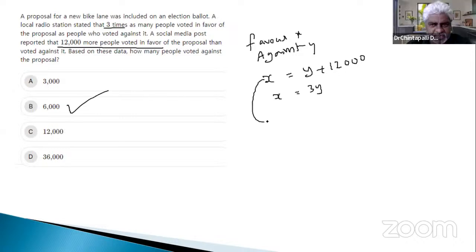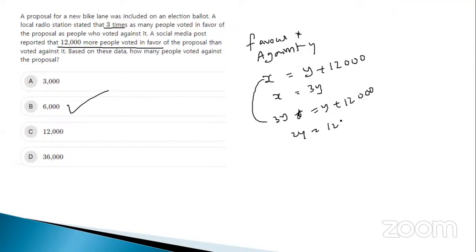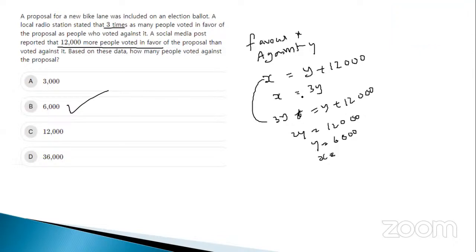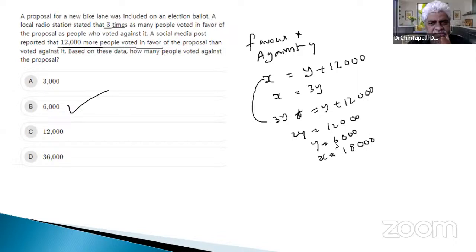See, when we replace x by 3y, it is 3y equal to y plus 12,000. 2y is equal to 12,000. I wrote 1,200. Yes, sir, 12,000. y is equal to 6,000. Then x is equal to how much? 18,000. Yes, sir. Then the positive vote is 12,000 more and 3 times. Very good, Rani. Your answer is right.